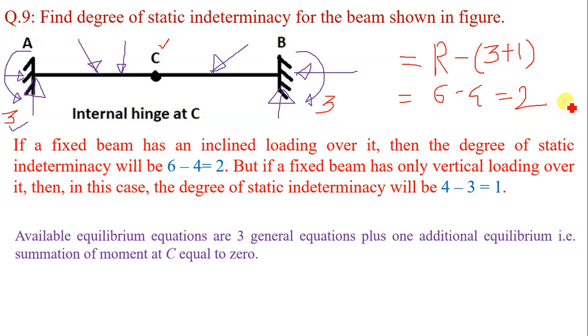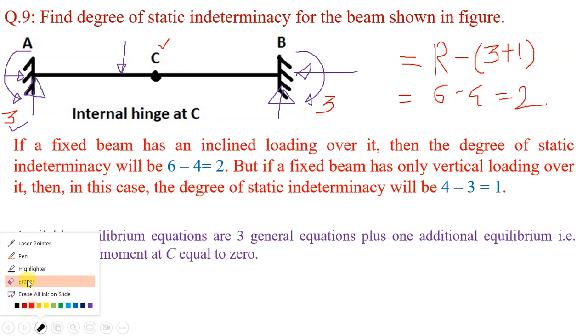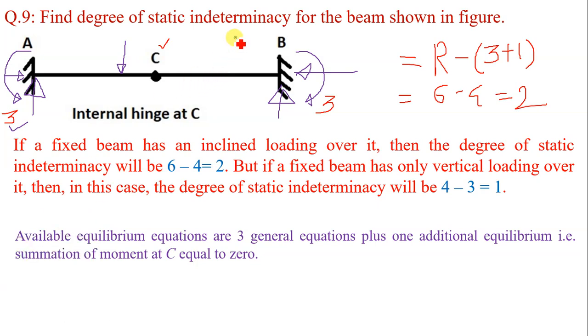But when inclined loads are not there, then what will happen? Now suppose this inclined load is removed. Instead of this load, I will add vertical loading only on the beam like this, maybe a UDL.